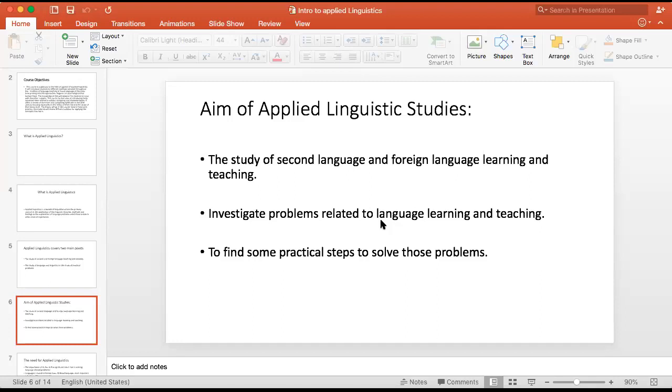Lingua franca is a language which is understood by most of the people in a society, the means of communication among people who do not share a common language. For instance, in Pakistan, we do not share a common native language.